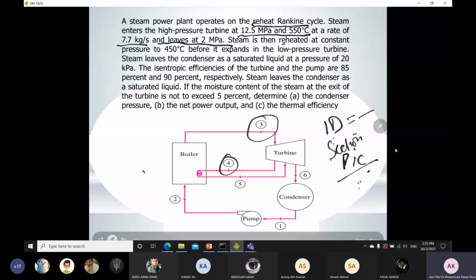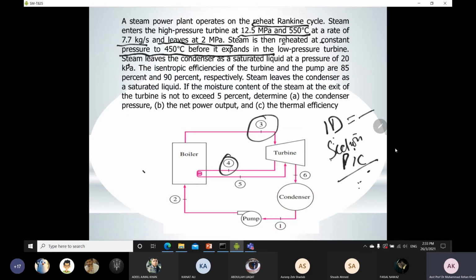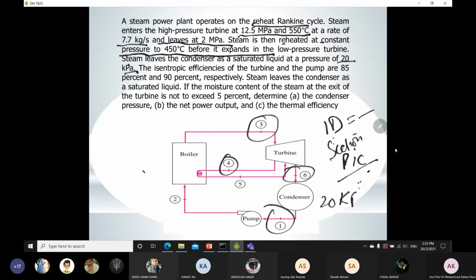Steam is then reheated at a constant pressure to 450 before it expands, so our temperature is also given at this rate, which is 450. Before it expands in the lower pressure turbine, steam leaves the condenser at a pressure of 20 kilopascal. It means the condenser pressure is at P6 and P1 is given to you, which is 20 kilopascal.